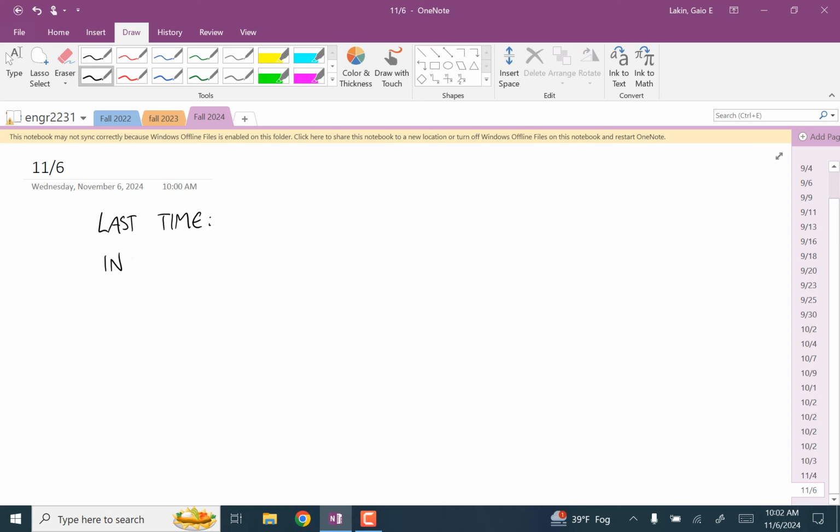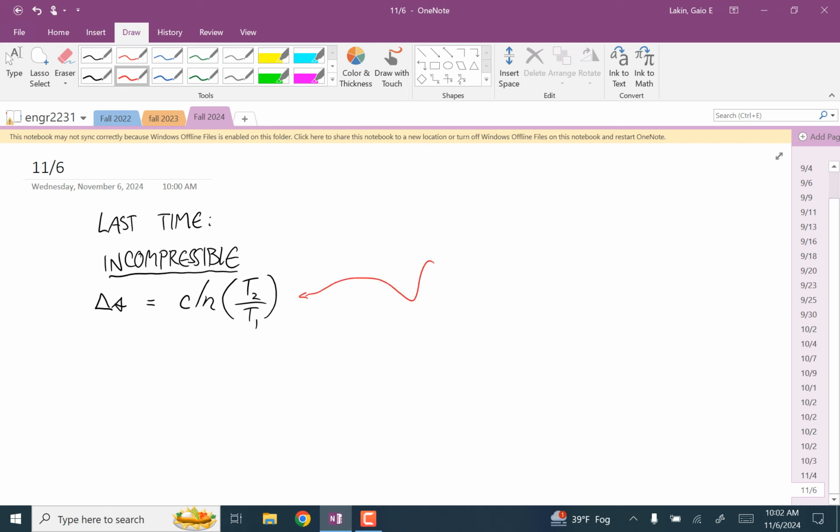So for incompressible materials, from the TdS equations, we got that delta lowercase s is equal to C times the natural log of temperature 2 over temperature 1. And we derived this from the TdS equations.